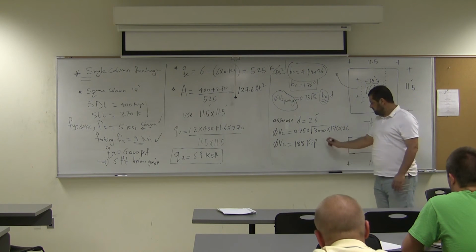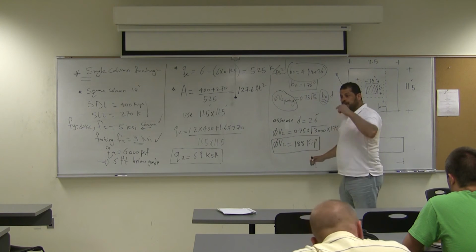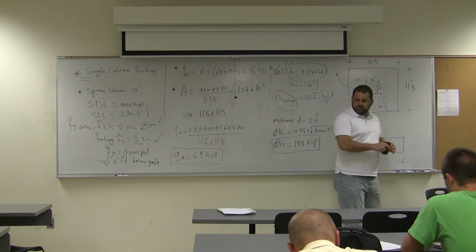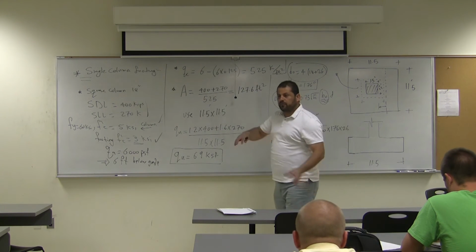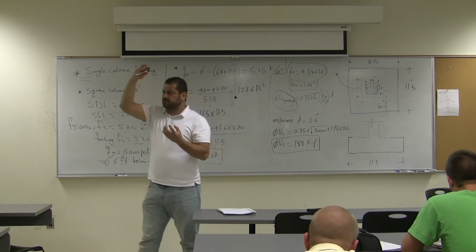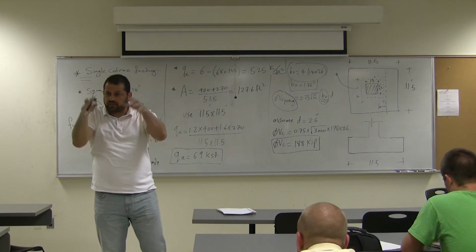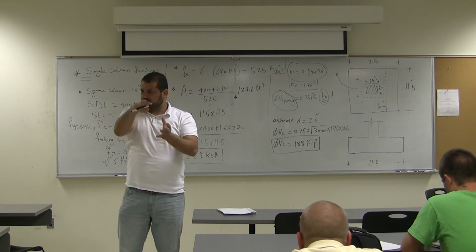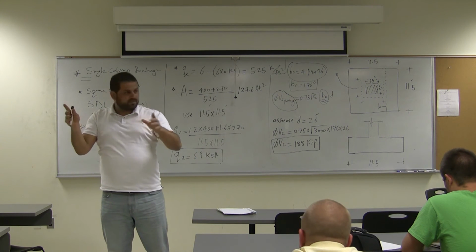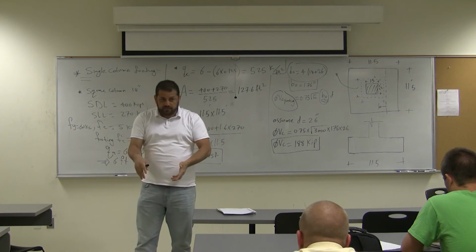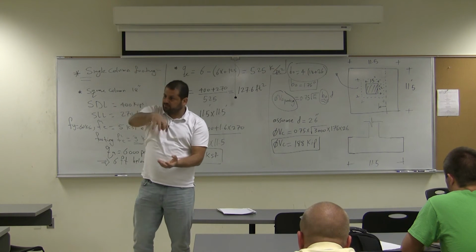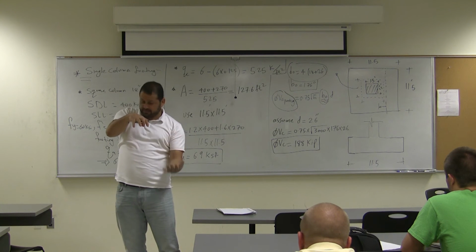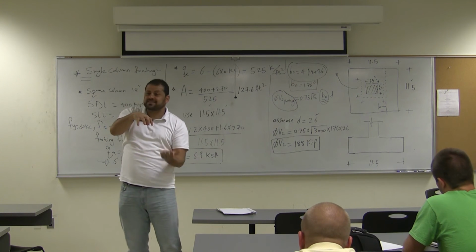Okay, let's see. Now, what's Vu2, as I told you? Imagine when punching occurs, we will have 2 parts. We will have the column with that b naught perimeter as one piece, and we have the remaining footing with a void, nothing. You understand? So we have the remaining footing with that piece taken out. That footing has a bearing pressure of how much? Q ultimate. So there is a Q ultimate from the bottom. What's resisting that Q ultimate?